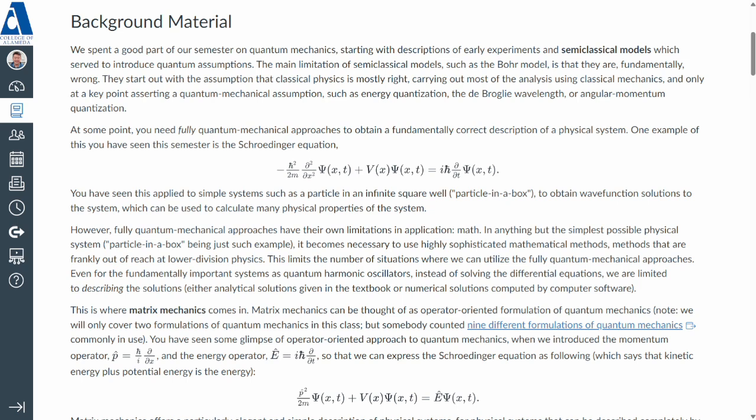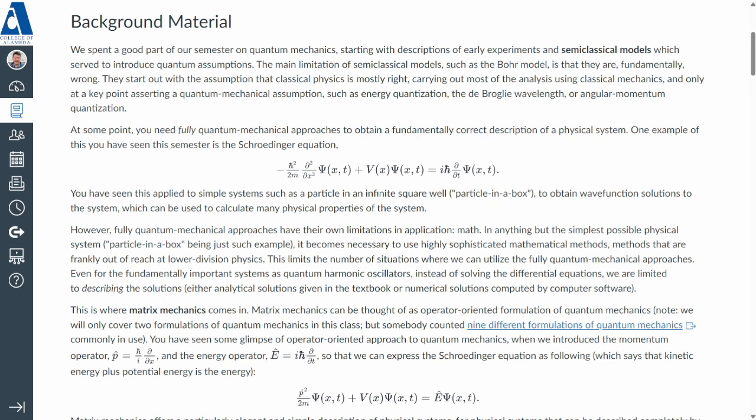Minus h bar squared over 2m, double partial derivative with respect to x of capital psi of x and time, plus V of x times capital psi of x and time is equal to i times h bar, single partial derivative with respect to time of capital psi of x and time.